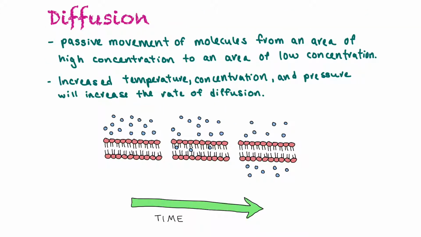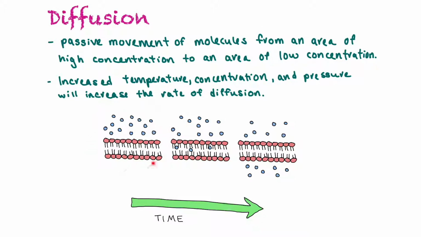The first type of transport across membranes would be diffusion, and this is the one I think most people are more familiar with. That's the passive movement of molecules from an area of high concentration, where there's a lot of particles congregated together, to an area of low concentration where there's not so many particles. So they'll move across the membrane, and you can see here in our diagram over time.